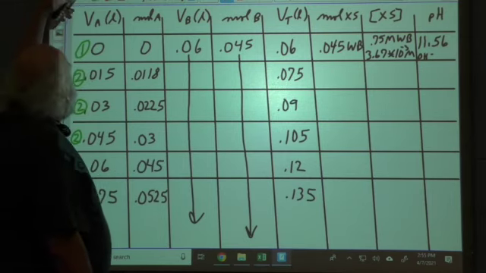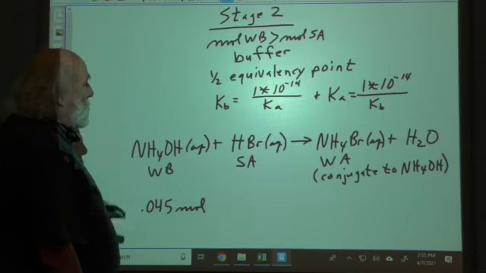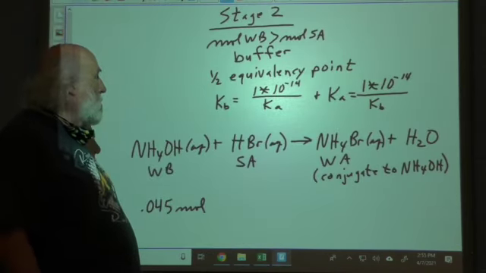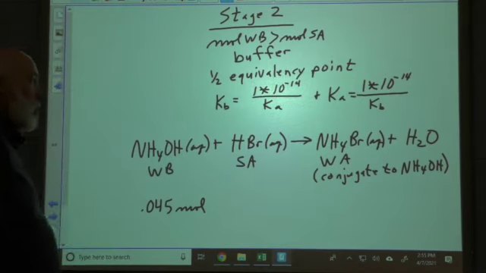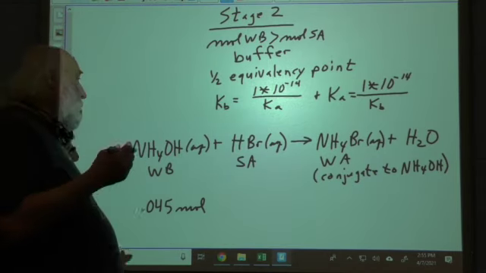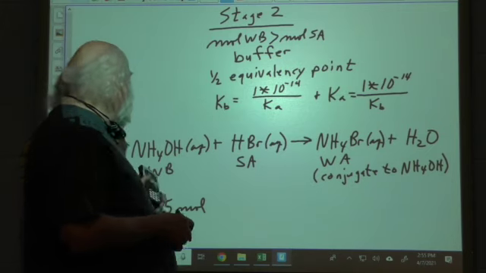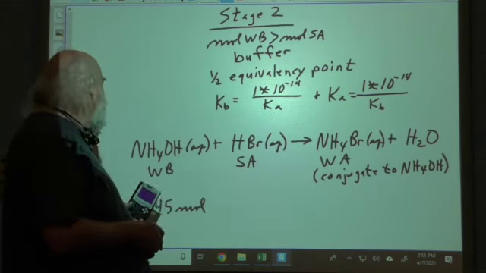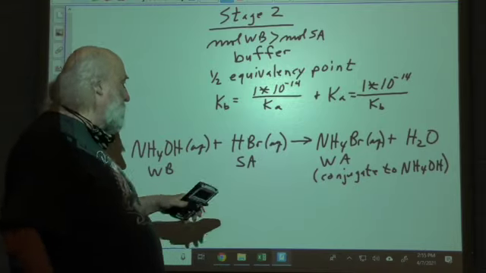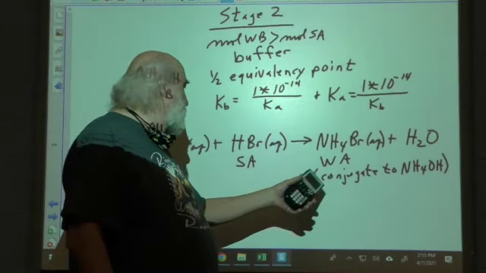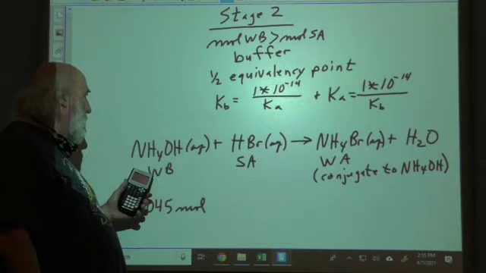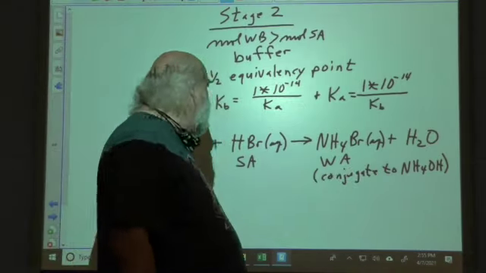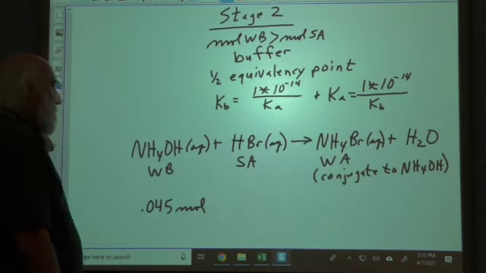And so if we take a look at the stage 2 of that, like I said, the differences in the number of moles, it's going to create a buffer, because here's your reaction right here: the weak base and the strong acid, double displacement reaction, gives you the weak acid, which is the conjugate of ammonium hydroxide, plus water.